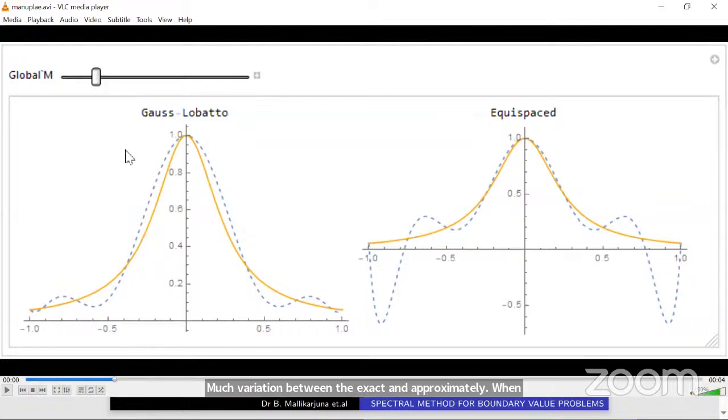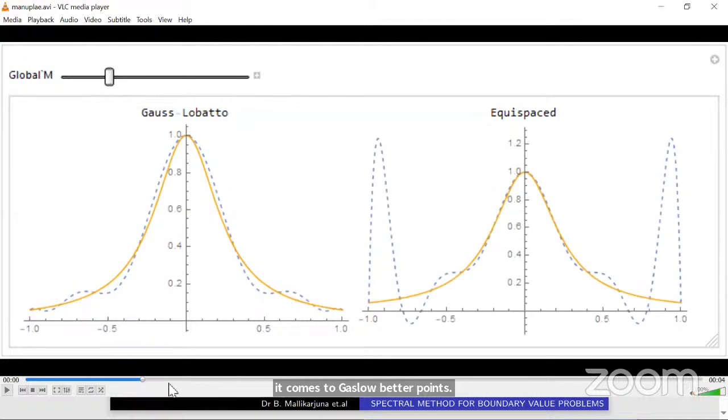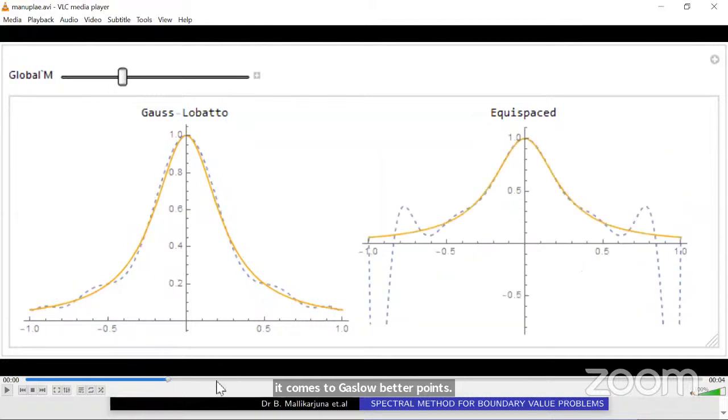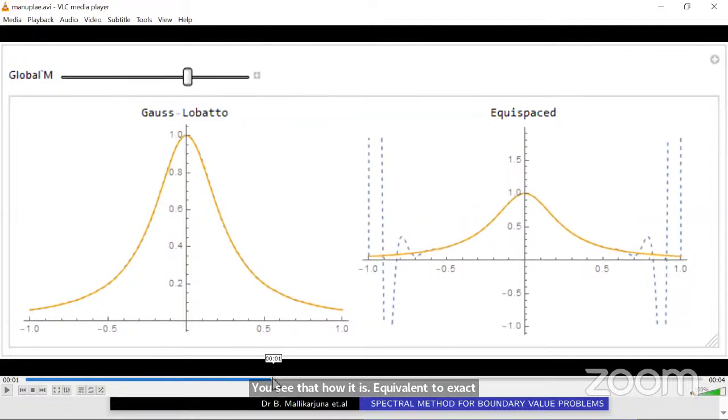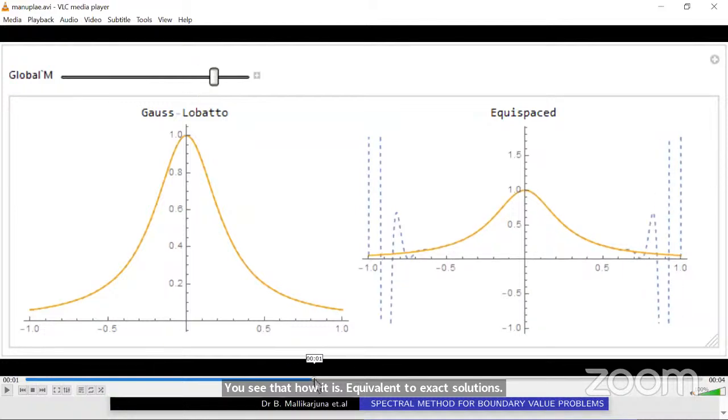When it comes to Gauss-Lobato points, you see how it is equivalent to the exact solution. So this is the advantage of taking Gauss-Lobato.